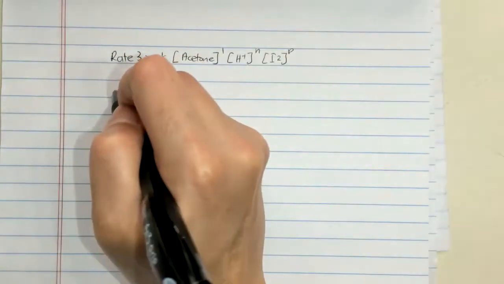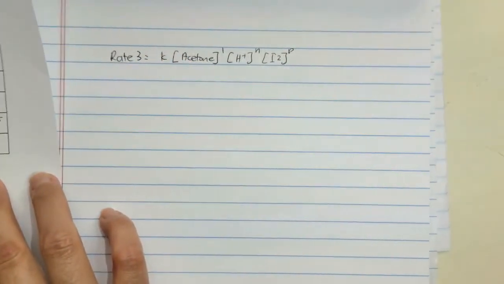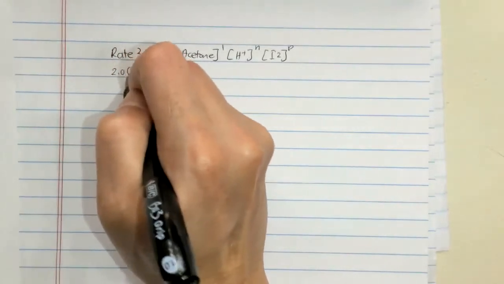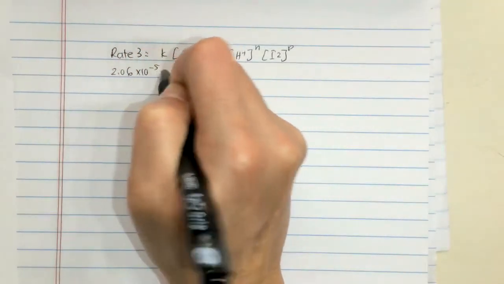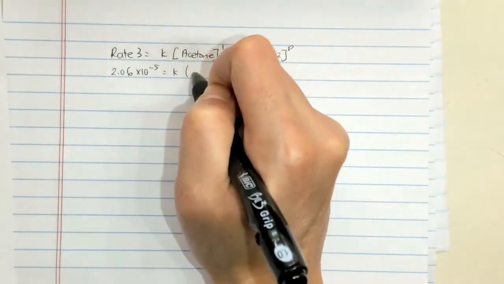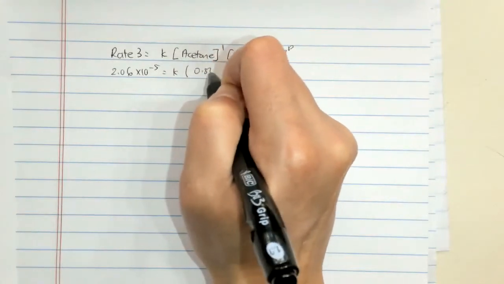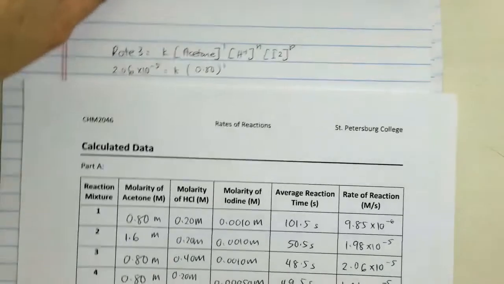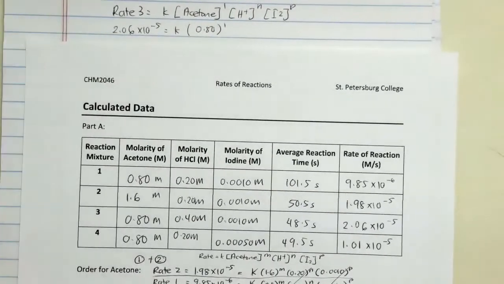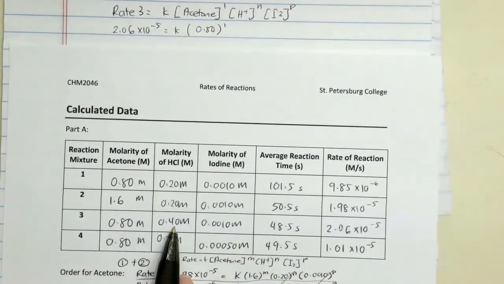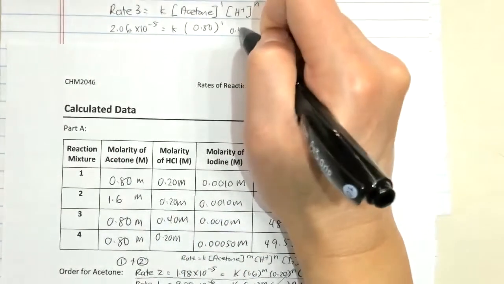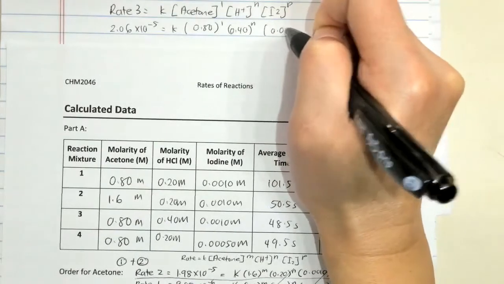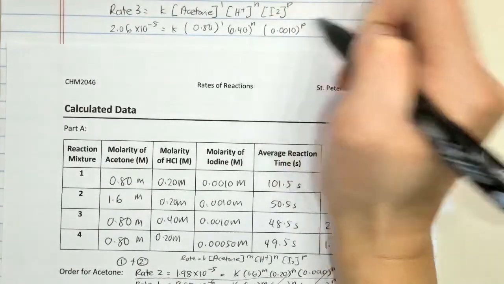So rate 3 would be 2.06 times 10 to the minus 5 equals K. Acetone is 0.8 to the power of 1. See how I'm just writing that down here? So I can move it up so you can see. So you just copy it down, 0.8 and then 0.4 to the power of n, and then 0.0010 to the power of p.